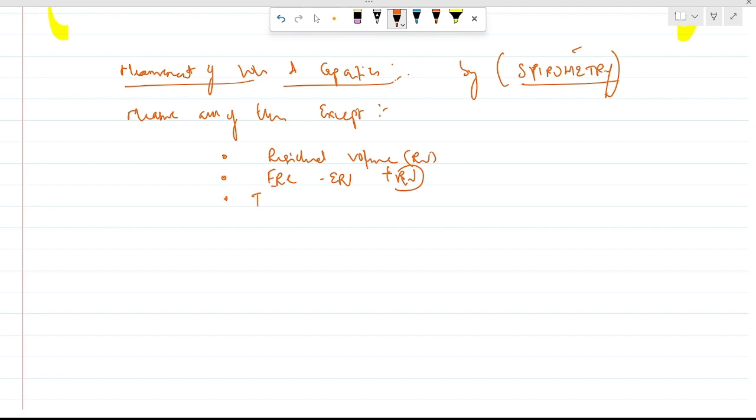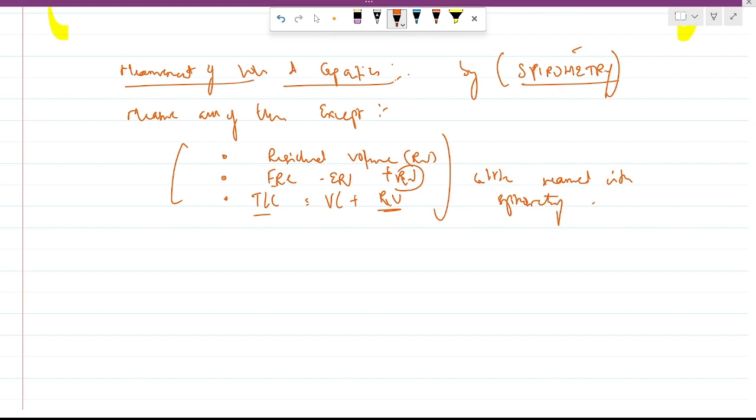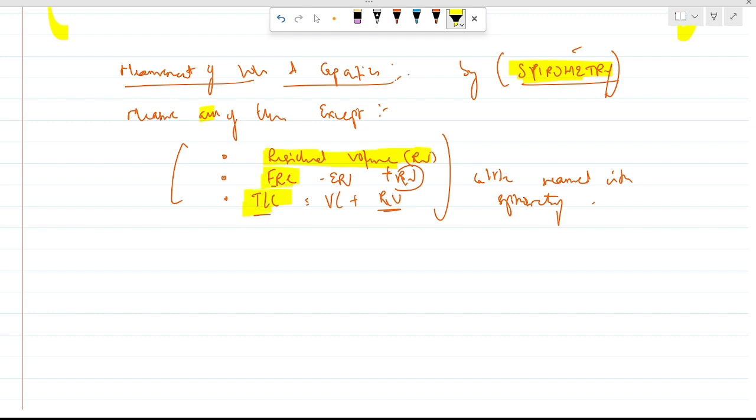Also, total lung capacity, which is vital capacity plus residual volume, includes residual volume, so this can't be measured with spirometry. You can measure all of them except residual volume, and the capacities that include it, such as FRC and total lung capacity.